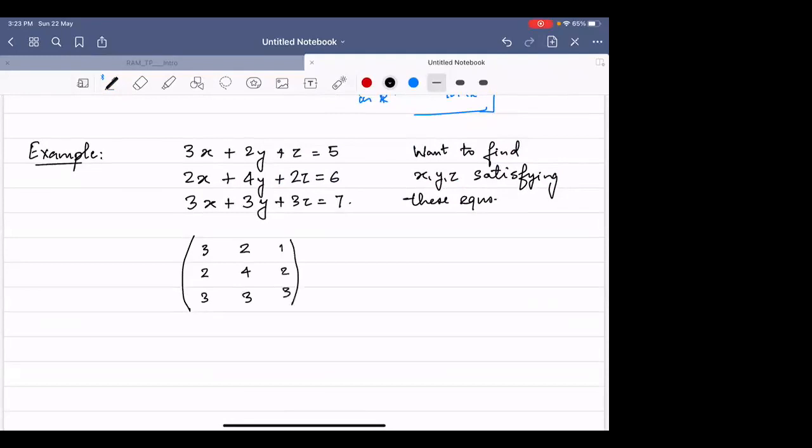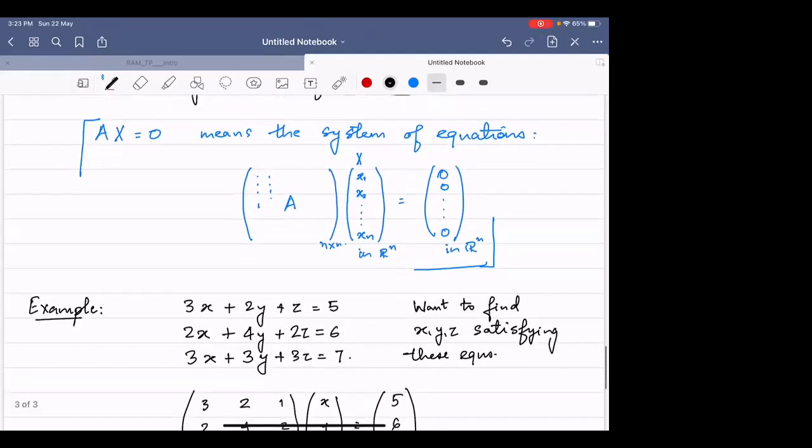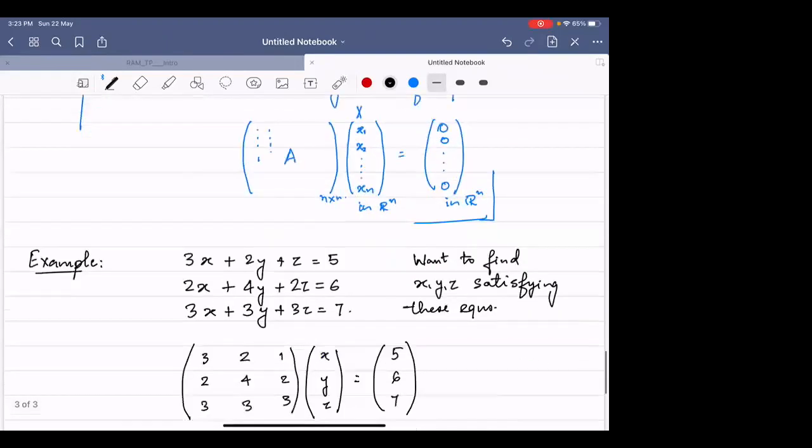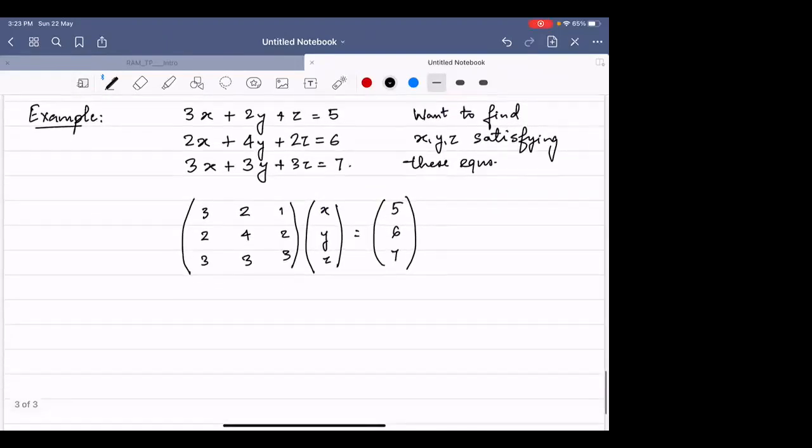And here we have our variables x, y, z equal to 5, 6, 7. So this is AX equal to b, in that notation. This is my coefficient matrix A. This is the vector x of variables. And this we will call some vector b.